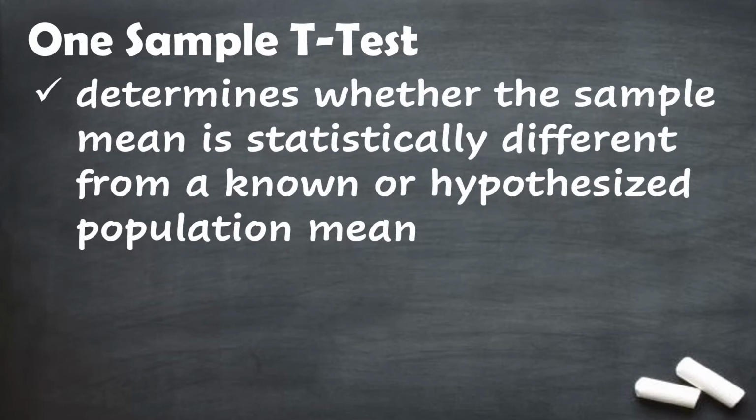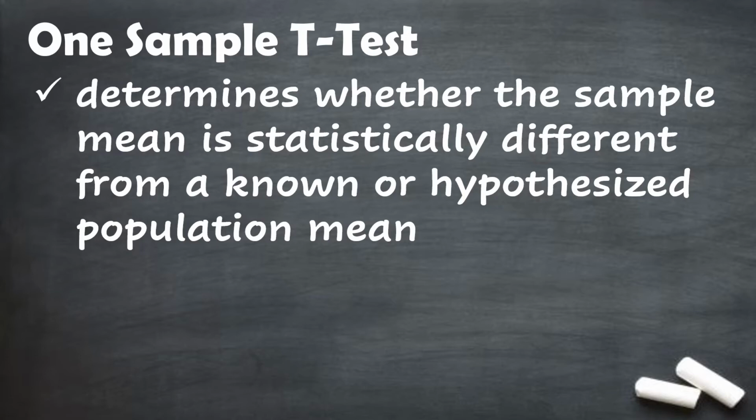So for one sample t-test, it determines whether the sample mean is statistically different from a known or hypothesized population mean. From the last lesson, one sample t-test is trying to check if the given sample is a representation of the given population.